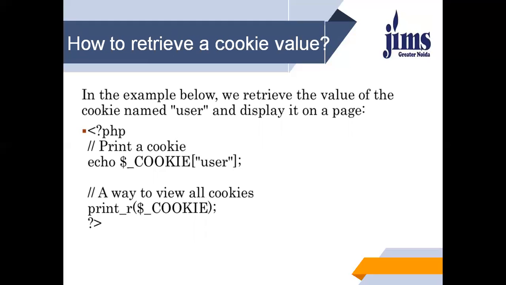So we will write echo for printing a cookie. We will write echo $_COOKIE and then the name of the cookie is user. And to view all the cookies, we have to mention print_r, and in brackets we will write $_COOKIE for viewing all cookies.